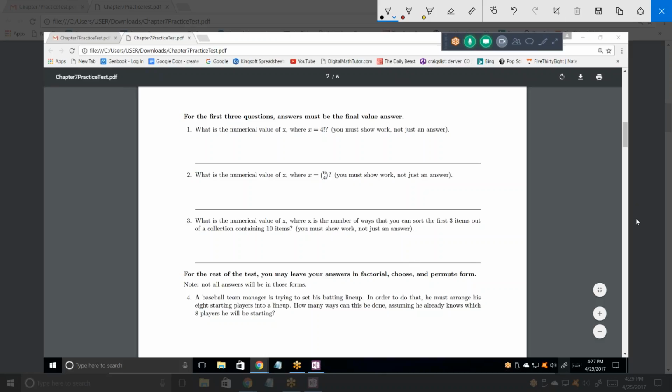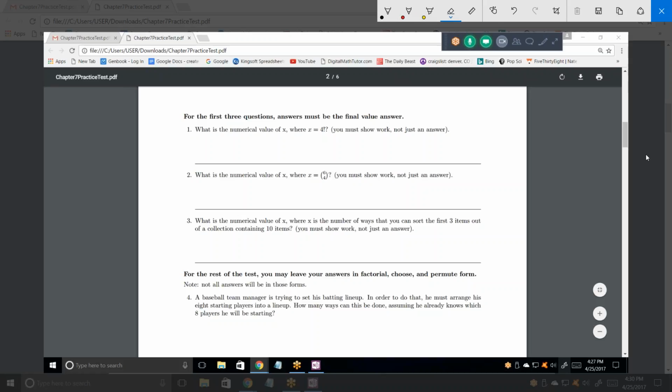Number 3. How am I going to set that up? I'll give you a hint. It's a combination problem. Is choose for permutations? I forgot. No, there's two types of problems. There's permutations and combinations.